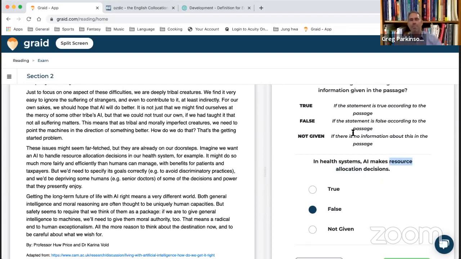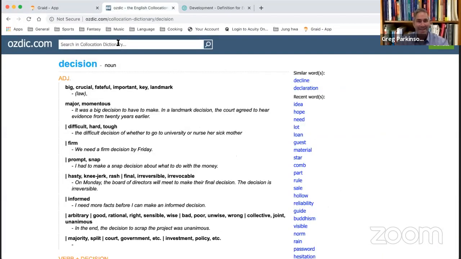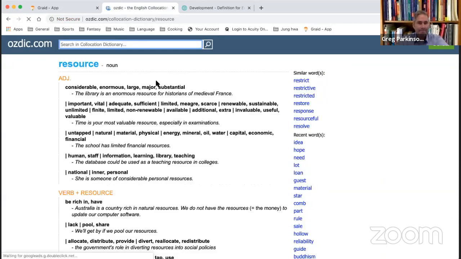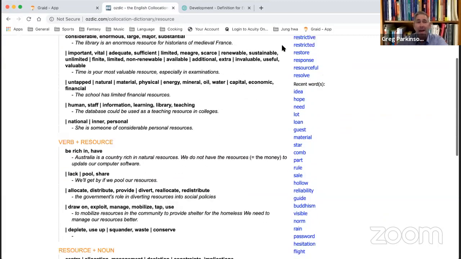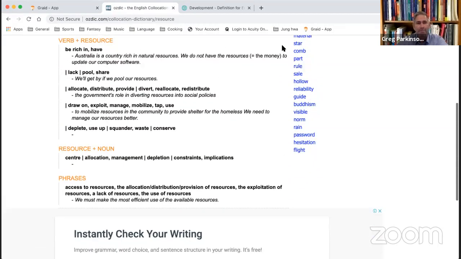But when we put them together, they make a very strong collocation, and I can show you that. Resource allocation is a noun-noun collocation, and we can see here, resource plus noun. So resource allocation.